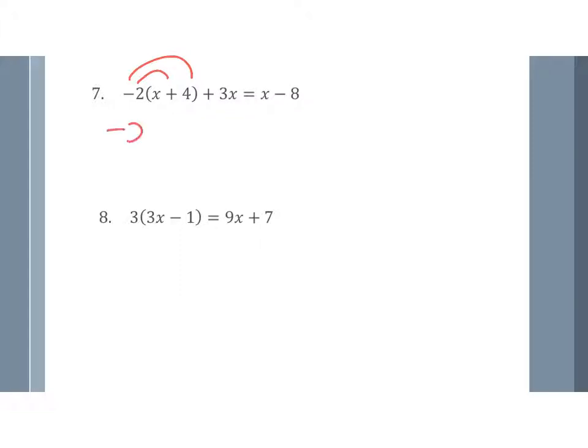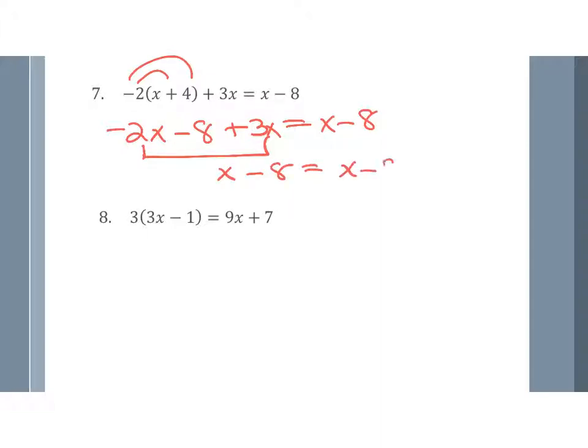So I'm going to distribute the negative 2x, combine my like terms, so I can add the negative 2x and the 3. I'm not moving it across, so I'm just doing negative 2 plus 3, which will be 1x. Now, if at this step you realize the expression on the left is exactly the same as the one on the right, you can stop here and say that your answer is all real numbers.